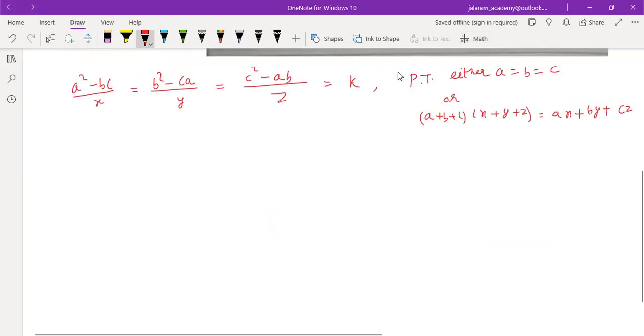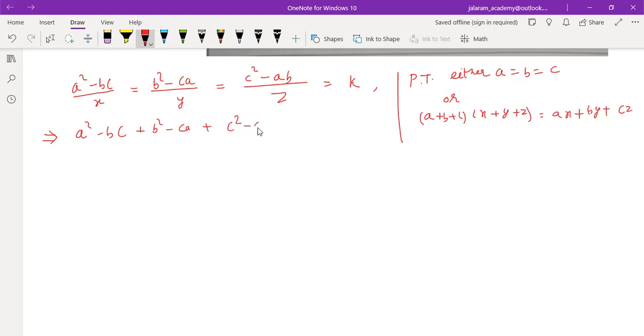So for this, first of all, the property will be the same, that is, sum of antecedents upon sum of consequences also equals k. Antecedents means these, which are equivalent to numerators in a ratio. A square minus bc plus b square minus ca plus c square minus ab upon x plus y plus z.